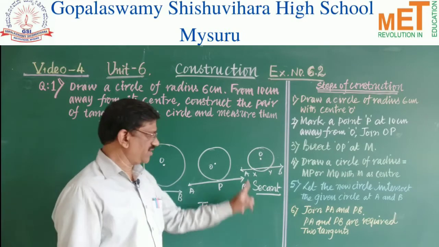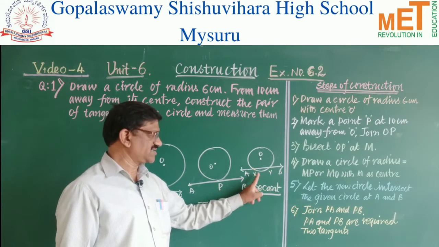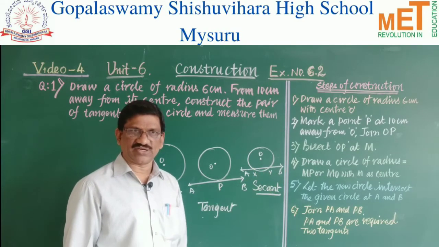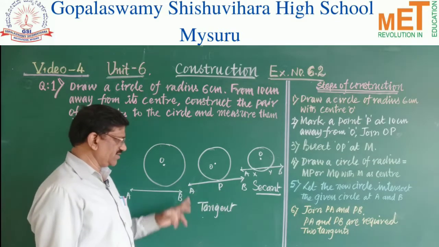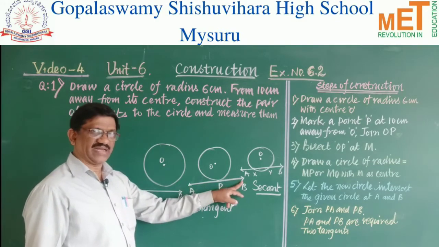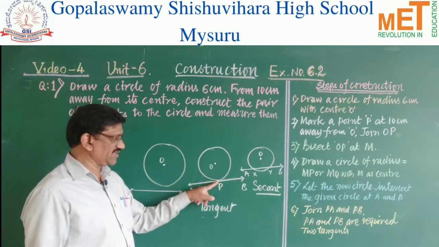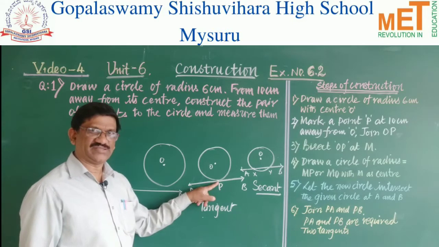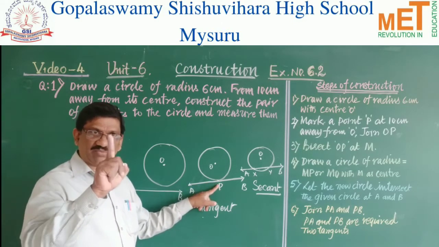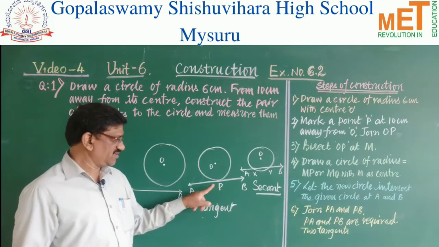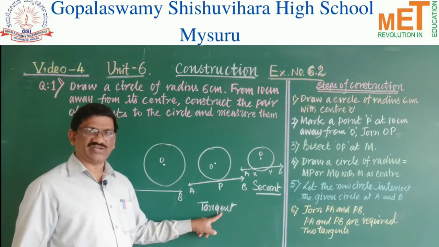Understood? Here AB is a secant. It cuts the circle at X and Y. Understood, children? Now you come to this one. Here AB is a straight line. It just contacts the circle at one and only one point, or just meets the circle at one and only one point. Hence this line segment AB is called tangent.